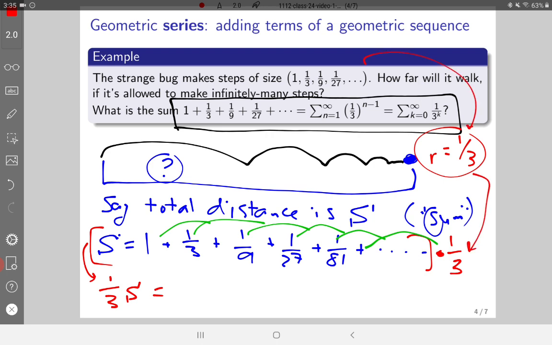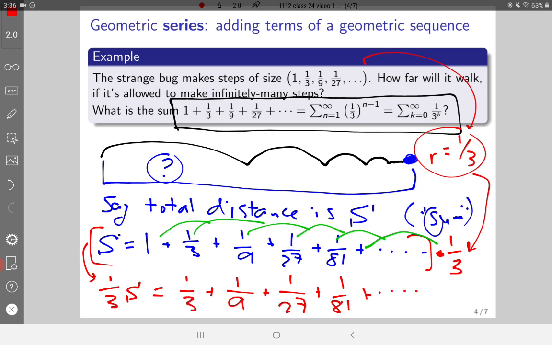Because what happens? When I distribute the 1/3 into the 1, that becomes the 1/3 term that I'm going to write down there. And then when I multiply and distribute into the 1/3, I get 1/9. When I distribute that into the 1/9, I get 1/27th, and this is intriguing. Do you see what's happening here?